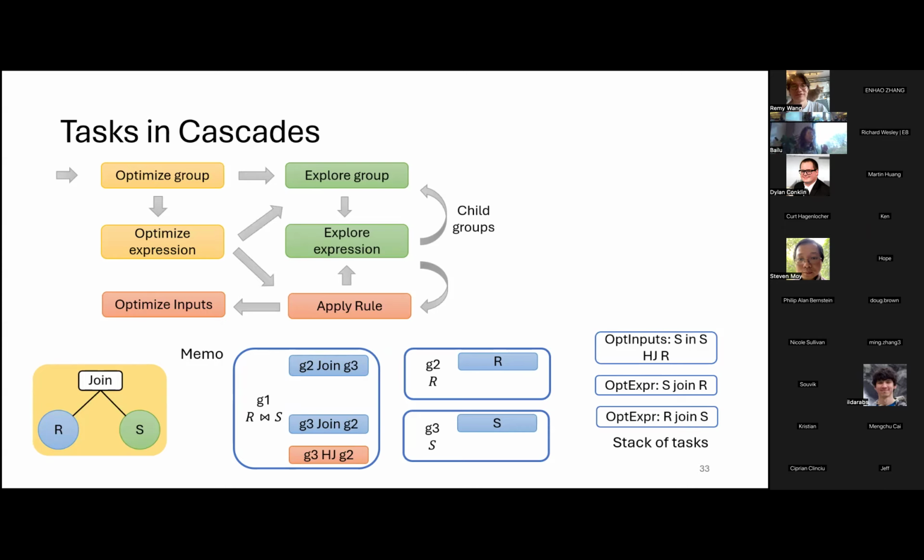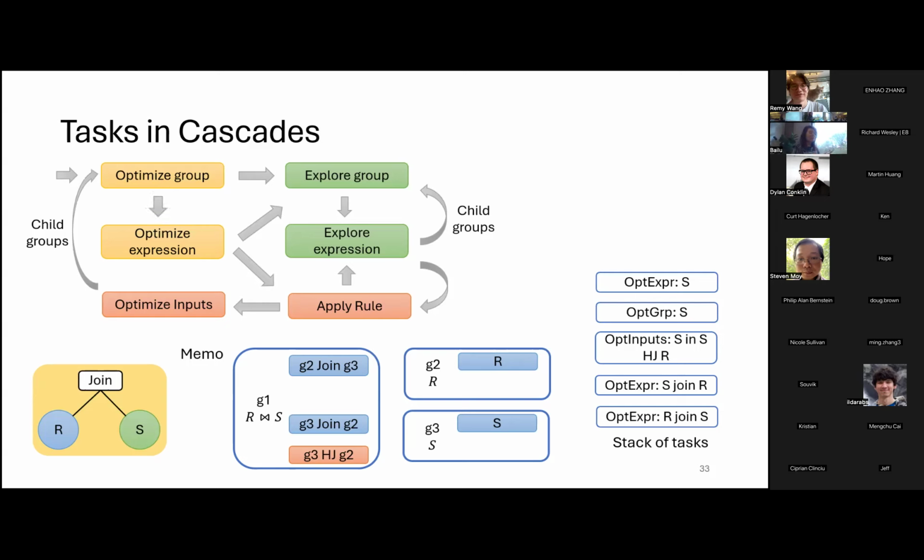In this case, we first start with optimizing the inputs, the S, the first input of this expression, which goes back to get the best plan for this group. With this task, we continue to optimize the expression of S, which has just a single expression in the group.